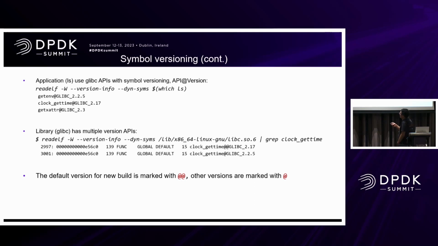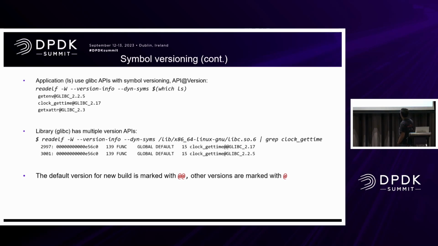And when I do the same with the glibc SO, I just get a sample of clock_gettime. It provides two different versions of it, but there are a bunch of them in glibc. Here, the notation is that if there are two at symbols before the version, after the API name, that means the default one. So if I compile my application with this, it will use this version.